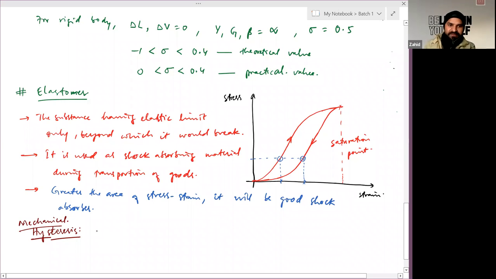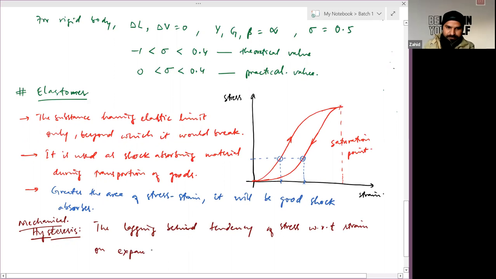For this case, we can define the lagging behind tendency of stress with respect to strain or vice versa on expansion or compression is called hysteresis.